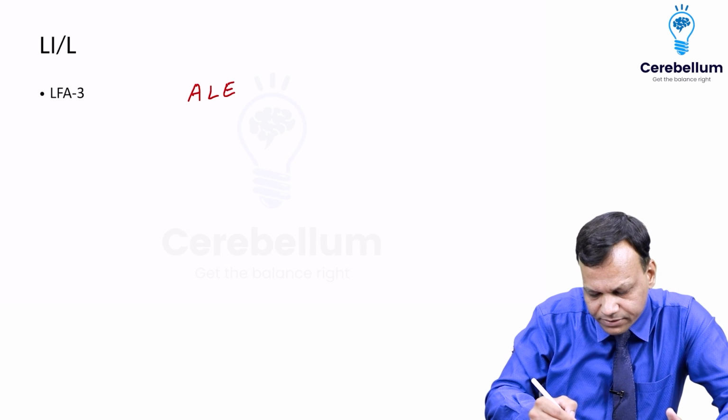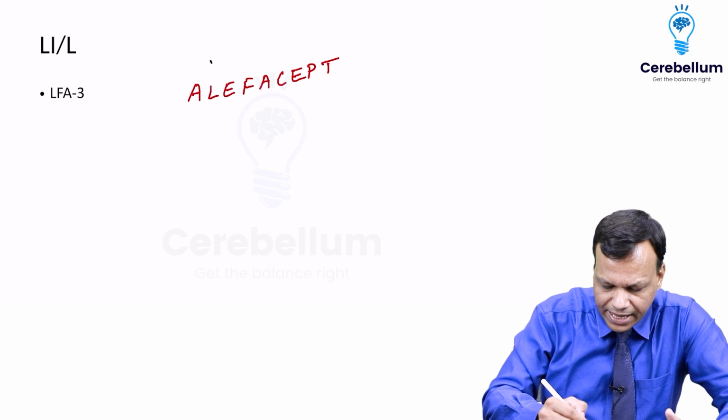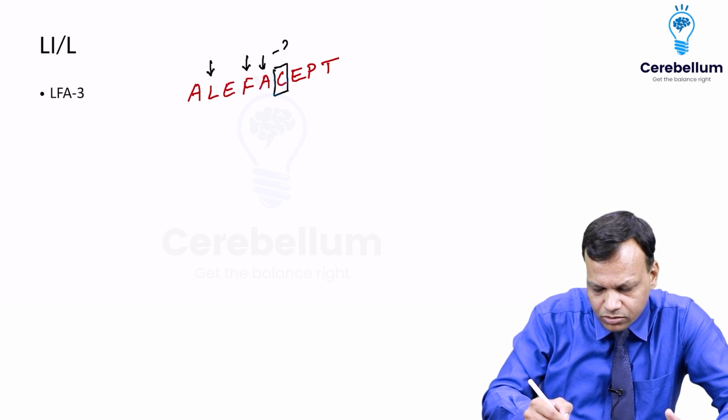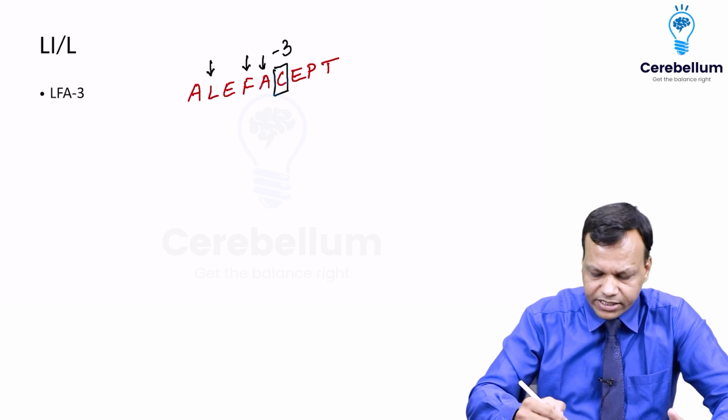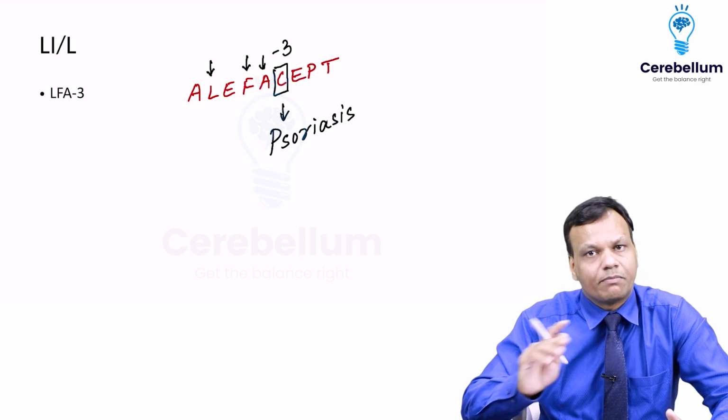Similarly, we have monoclonal antibody against LFA3 and the drug is alefacept. Again, from the name you can remember, it is against LFA. C is the third letter. So it is LFA3. Again, it is used in psoriasis. So again, no need to remember.